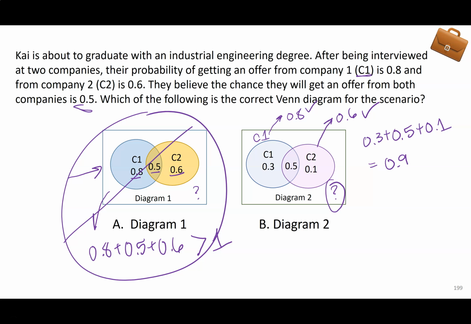So 90%, at least one does. That means 0.10 or 10% of the time, no companies offer a job. So now if I add these four numbers, I should get 1. So diagram 2, that's the way to go here.